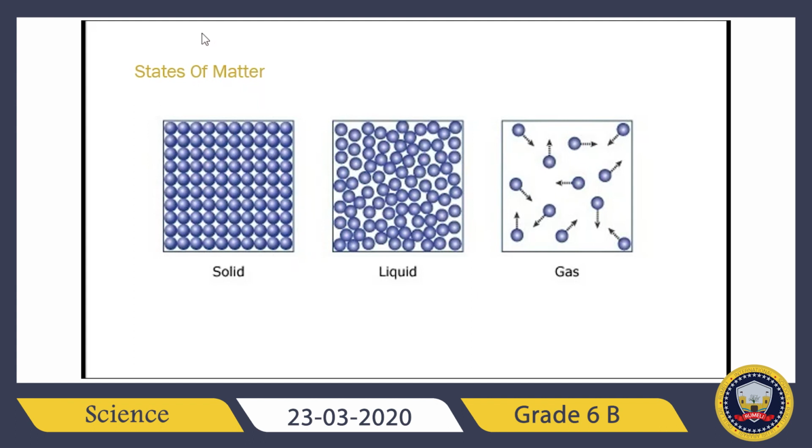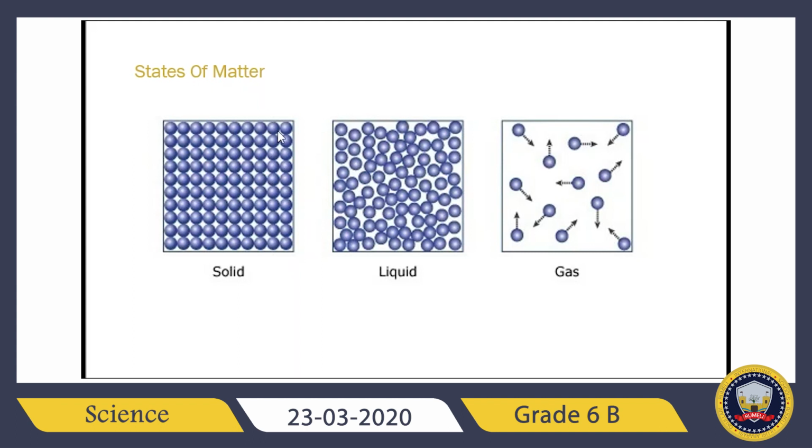So for example, let us start with the first state of matter, which is the solid state. And here we can see the tiny particles that make up this kind of solid. If I ask you to describe the arrangement of these particles, can you give me a brief description? Okay, yes, thank you.